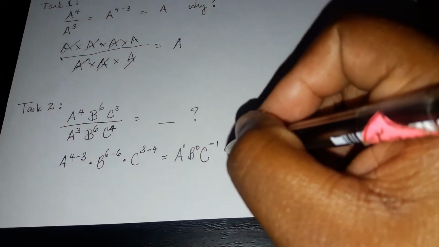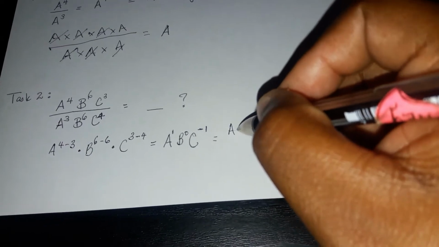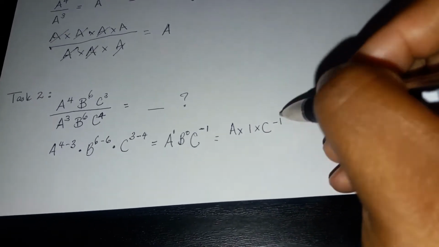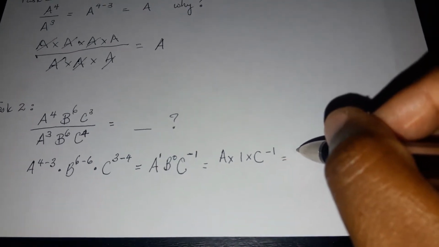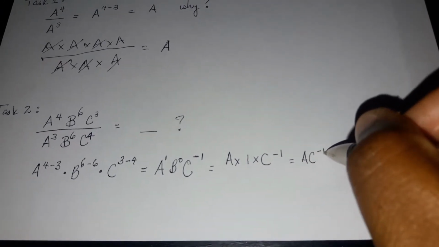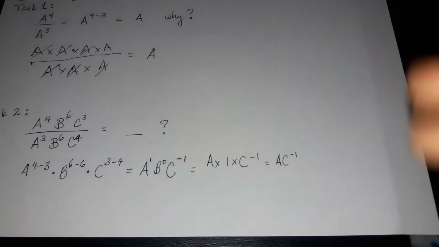So in all, you have A times 1 times C to the minus 1. And so from there you would have A C to the minus 1. Now anything to the minus of a number would be this.